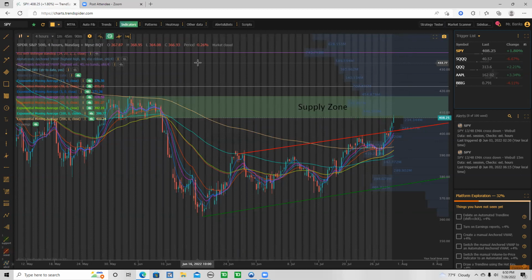We had 417, 418 area, but we also have the 406. I guess I should say 406, 408 as a slight bounce area. I probably look at 406 first. We also have 409. So 406, 409 area is also a nice area to look at, right? We got that from looking at the different EMAs on the time frames.